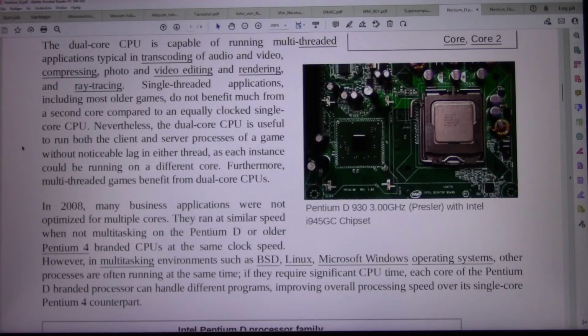Single-threaded applications, including most older games, do not benefit much from a second core compared to an equally clocked single-core CPU. Nevertheless, the dual-core CPU is useful to run both the client and server processes of a game without noticeable lag in either thread, as each instance could be running on a different core. Furthermore, multi-threaded games benefit from dual-core CPUs.